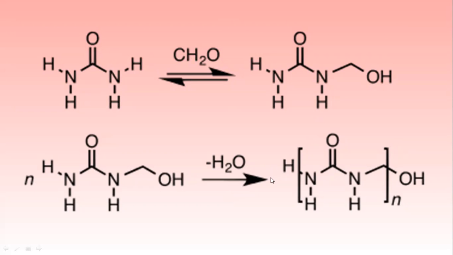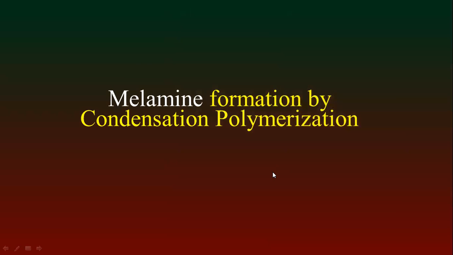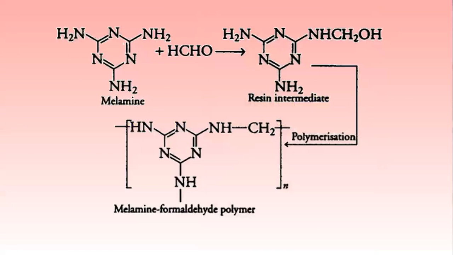In a similar way, melamine resin can be produced by condensation polymerization. For this preparation, just use melamine and formaldehyde molecules for the formation of melamine formaldehyde resin.